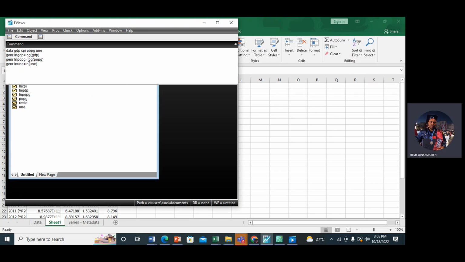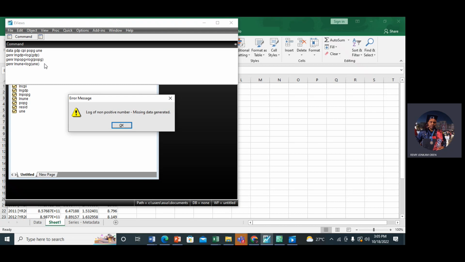It's supposed to be log here, not lean, log. If I press enter, again, EViews tells me log of non-positive number, because with unemployment series, as I've showed you before, there is a negative number, right? So if we want to take the log, we have missing data. So then how can we solve this problem? How can we take the log when we have negative numbers?